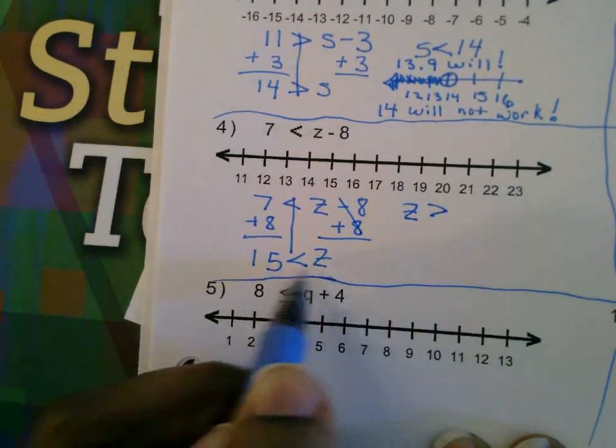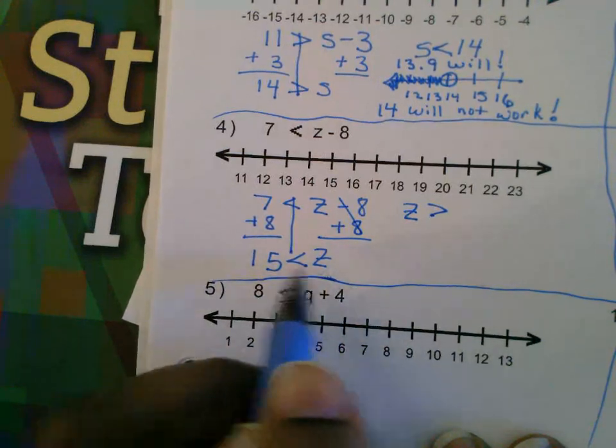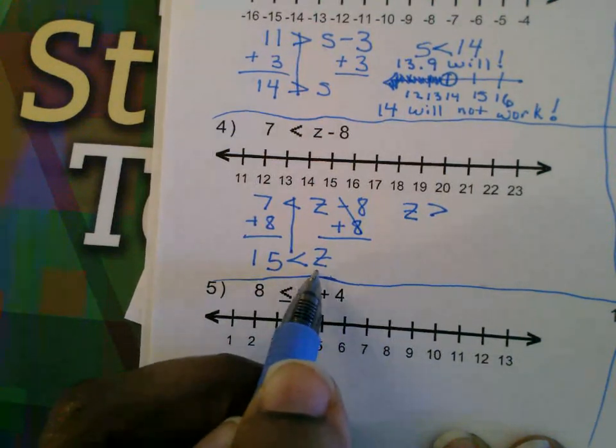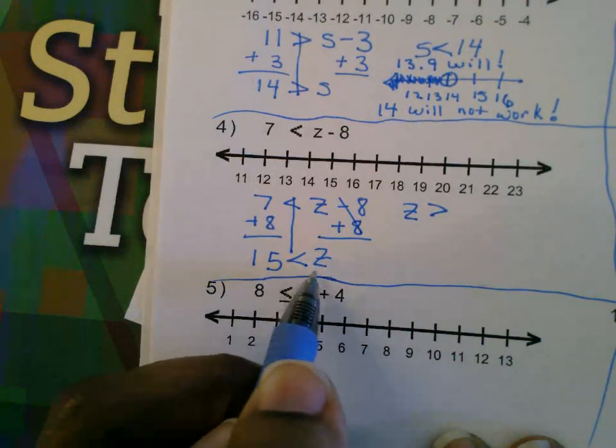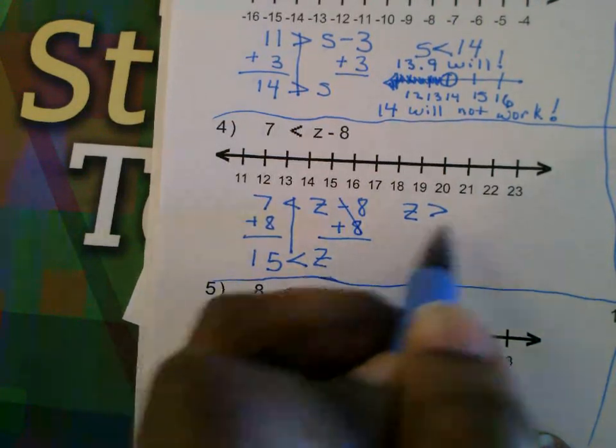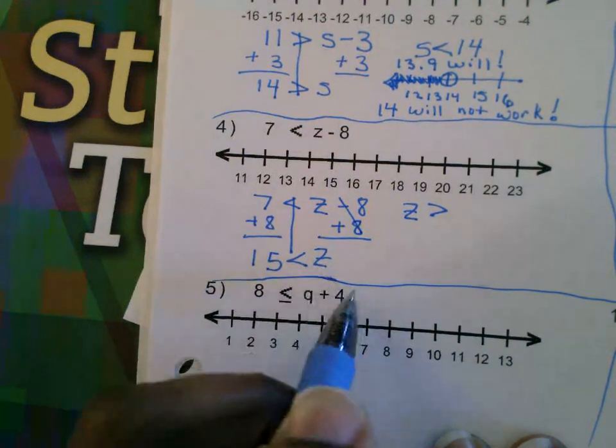Again, if you don't understand it written in reverse order, write it in its original form and pay attention to how the inequality is open towards the variable or how it's closed towards the variable.